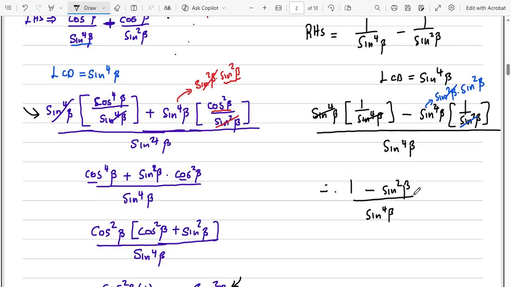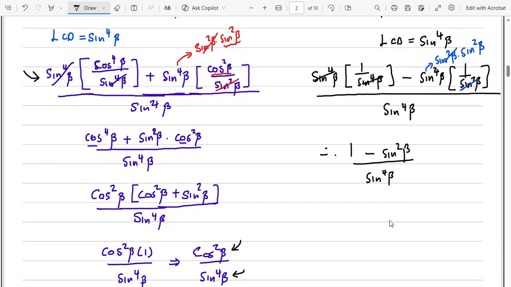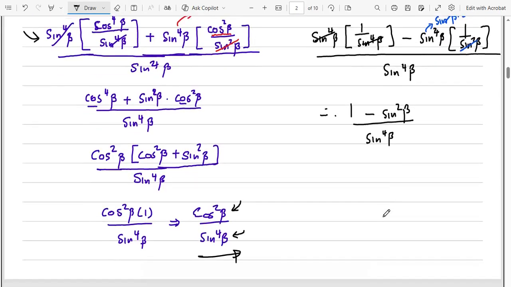You can see that we can change the top part and write it as cos squared beta, because this is an identity, the very same identity that we used here. We are saying that cos squared theta plus sine squared theta, it's fine, even if I use theta, is 1.